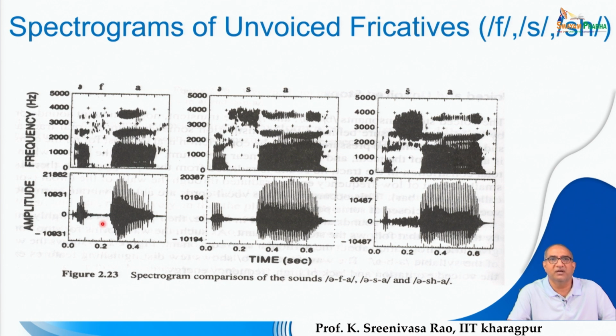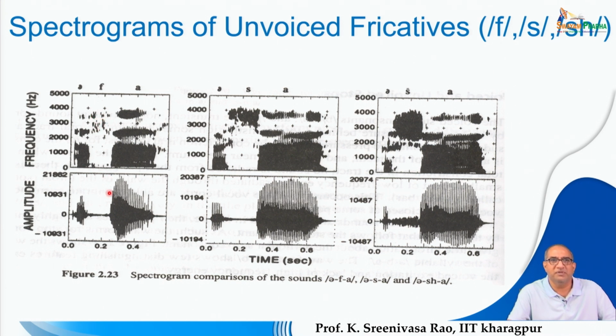In the case of fa, you can see that the signal strength of this frication is very small. So you do not see a noisy pattern, or high frequency content, or it is not much.